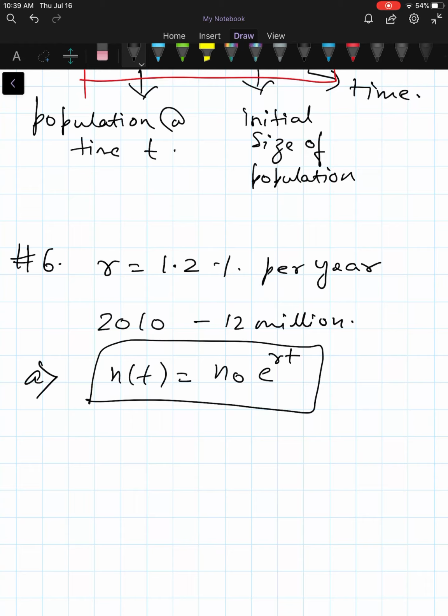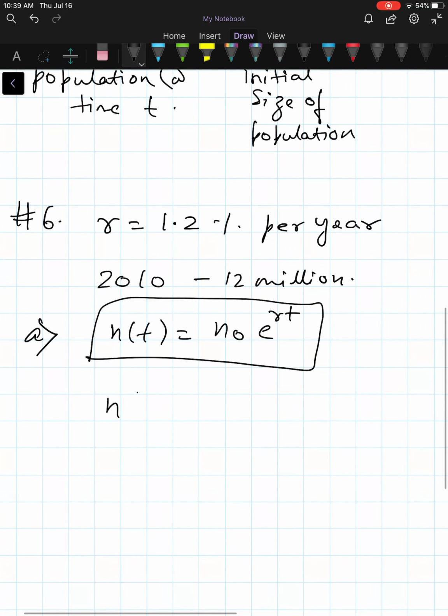So substituting whatever data we have in the given model, we get N of t equal to 12 million.